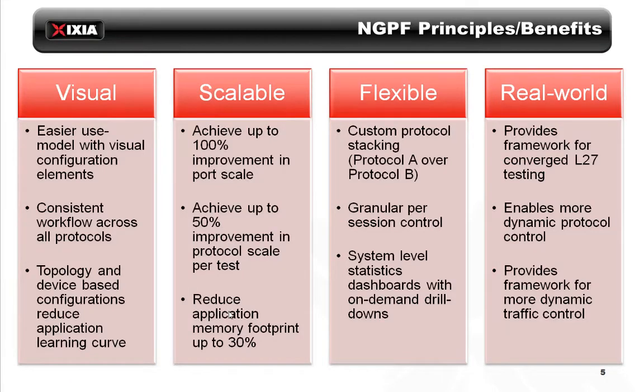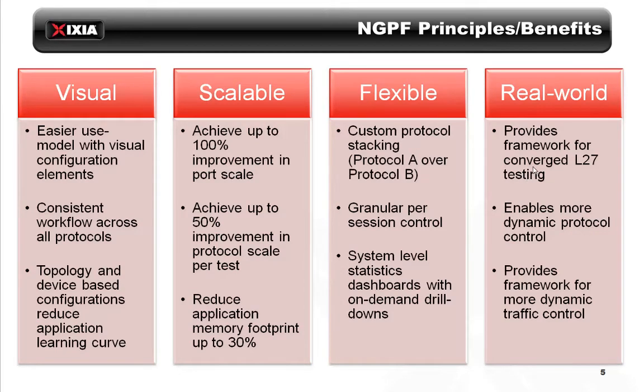And we also reduce the memory of the client machine that runs the IxNetwork GUI by 30% with the new protocol frameworks. Very flexible protocol stacking, granular per session control, as well as range concepts. So you get them both all at the same time. System level stats, you get dashboard.